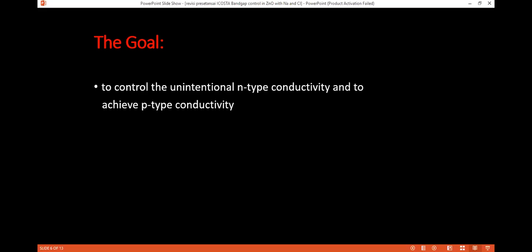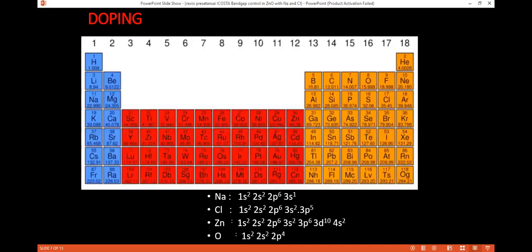Here we use doping, and we choose one from the right side of the periodic table element and other from the left side of zinc and oxygen. So we choose sodium in left side and chlorine from the right side.